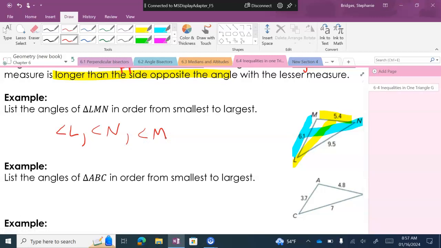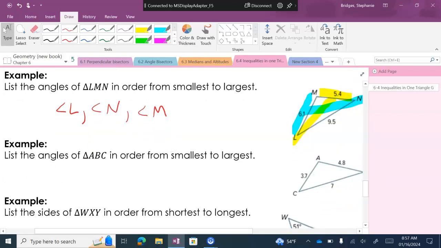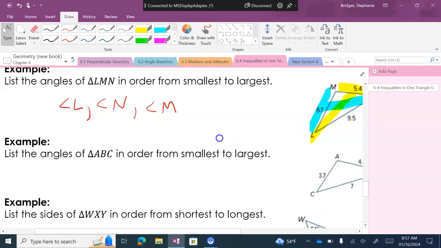The angle directly across from that in my triangle is going to be the smallest angle. Then you find the middle side. That's going to be the middle angle, the angle across from it. And then the longest side, the angle across from it, is going to be the largest angle. Try the same thing for the next example. Give me my angles in order from smallest to largest.